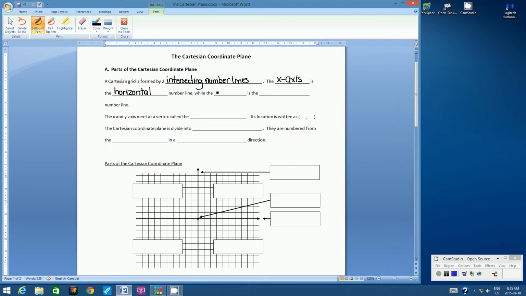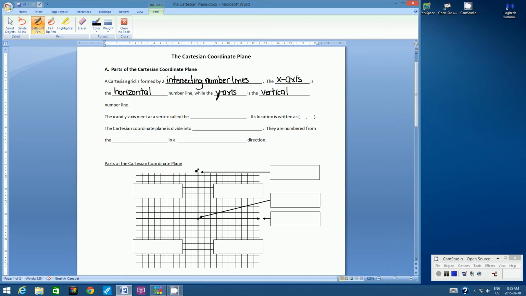While the y-axis is the vertical number line, that's this one right here.